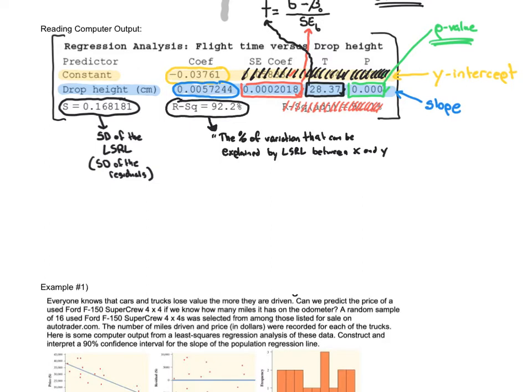That is almost a straight up statement that you'll see a lot. Percent of variation between x and y that can be explained by least squares regression line. Okay, that's the R squared that's given to you in case you ever needed it.